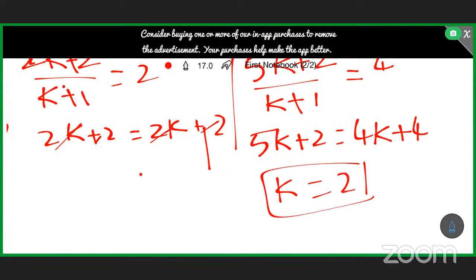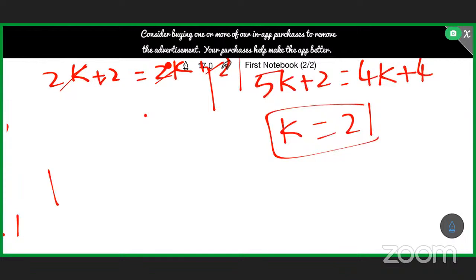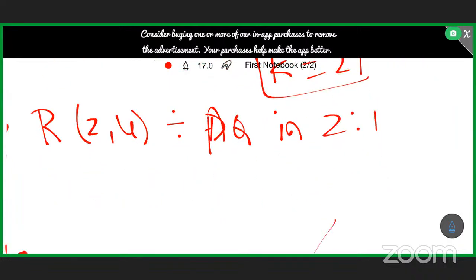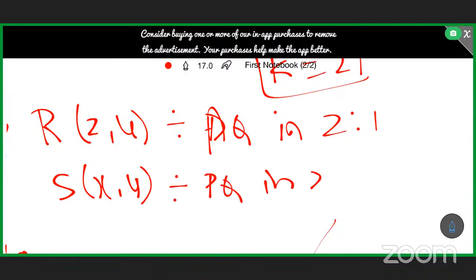So R (2, 4) is dividing the line PQ in the ratio 2 is to 1. According to the theory, S (x, y) divides the line PQ in the ratio 2 is to 1 externally.